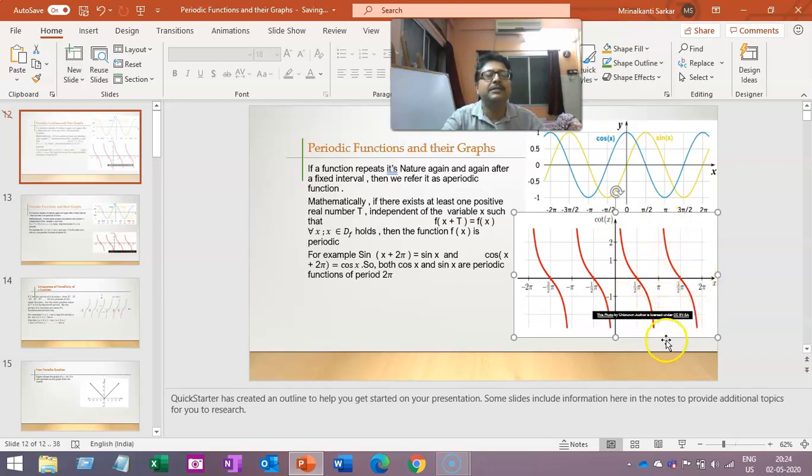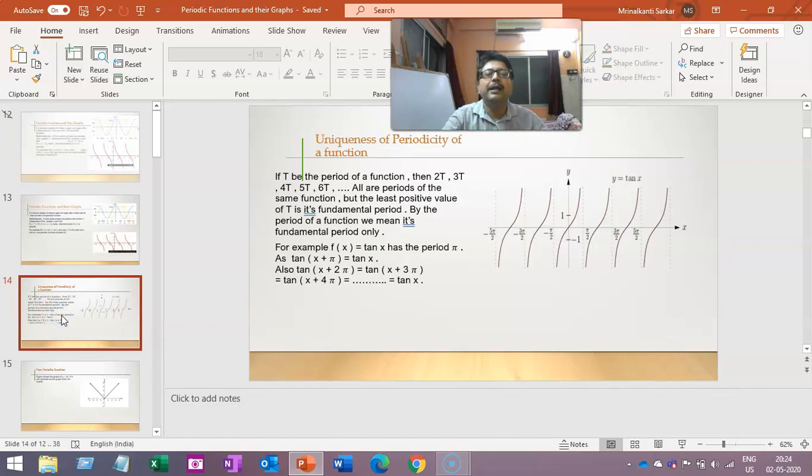This is true for all periodic functions. Over a fixed interval, the graph will be repeated in the next interval of the same length. So whatever you find from 0 to pi, pi to 2 pi, it is going to be repeated from 2 pi to 3 pi. These are called periodic functions whose graph will be repeated. I think all of you understand.